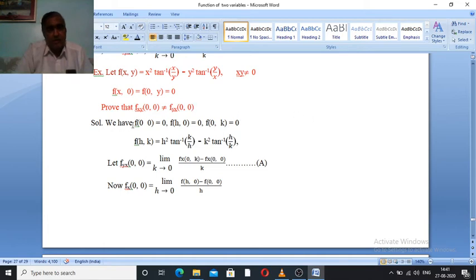We have f(x,0) is equal to 0, therefore f(0,0) is equal to 0, f(h,0) is again 0, f(0,k) is 0. f(h,k) is equal to h² tan⁻¹(k/h) − k² tan⁻¹(h/k).